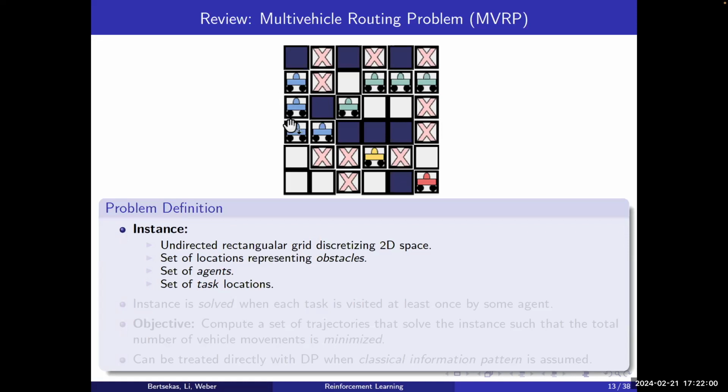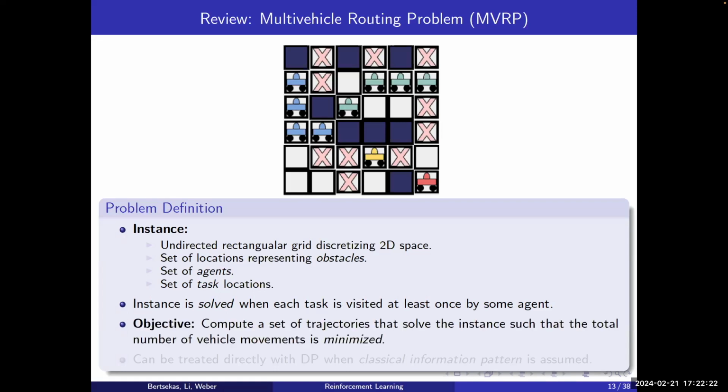The colors don't mean anything yet, but they will later. And lastly, there's a set of task locations, which I have represented by these red X's. To remind you, an instance is solved when each task is visited at least once by some agent. The objective is to compute a set of trajectories that solve the instance such that the total number of vehicle movements is minimized.